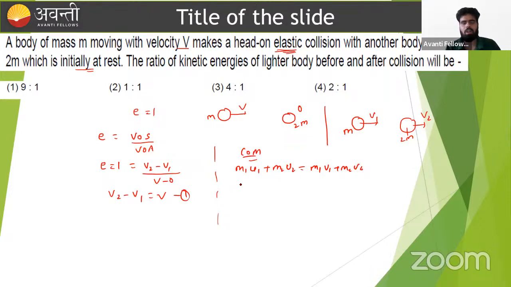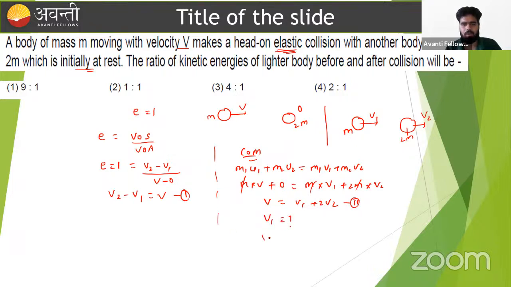If we put in the values, this becomes m v on the left, and m v1 plus 2m v2 on the right. m cancels out. Here v can be written as v1 plus 2 v2. Here we have two equations and two unknowns, so we can find the value of v1.